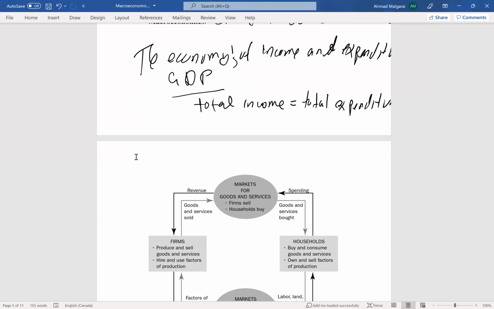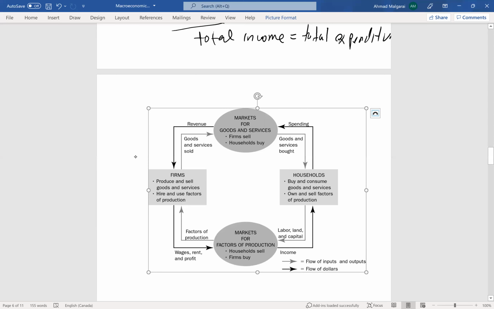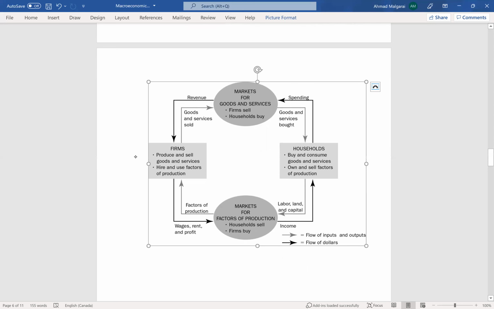We can also use the circular flow diagram to show why total income and total expenditure must be equal. This is a very nice diagram. I liked it. I took it from the textbook, which I really like. It is very simple to understand.